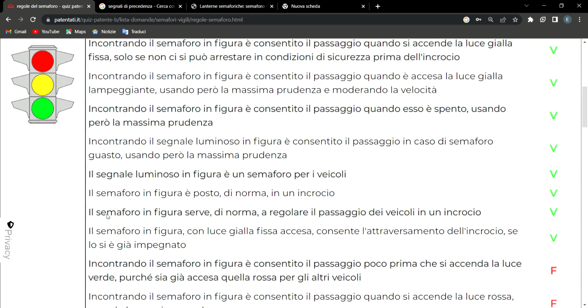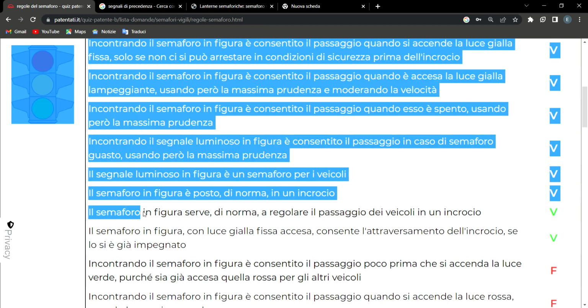So it says: il semaforo in figura serve di norma a regolare il passaggio dei veicoli in un incrocio. So the reason for this, the traffic light is to regulate the passage or the transit of vehicles in the junction. So this is the reason why this one is vero. You can see it here.